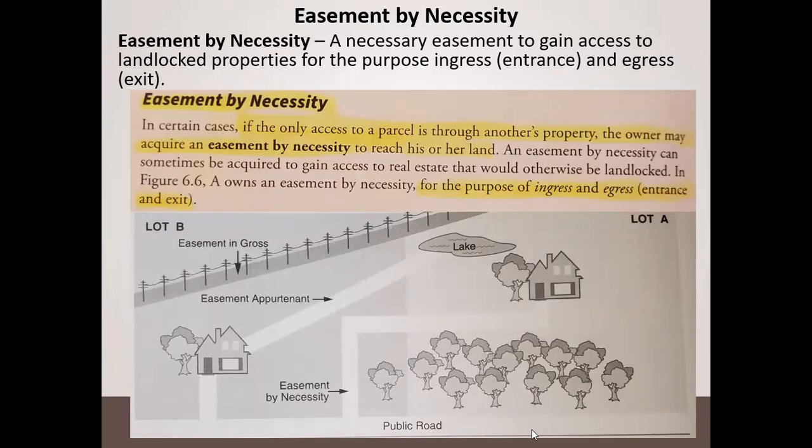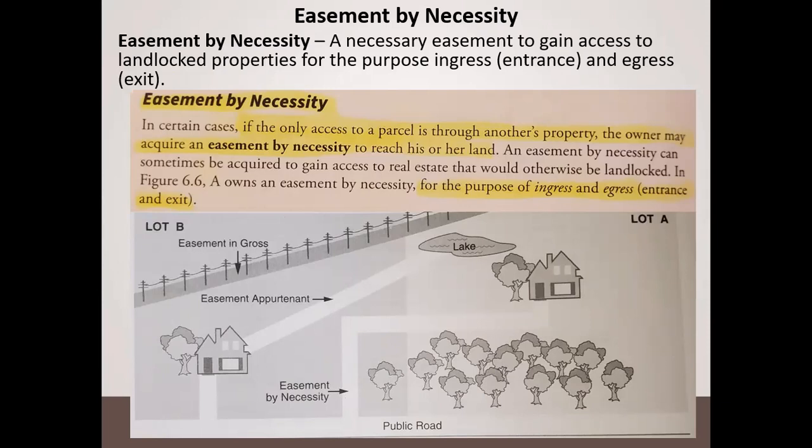There are all kinds of whack jobs out there like that today. So let's just pretend that's the scenario here. It's impossible for you to create a driveway to go directly to your property. So instead, you would need to create a road that goes over your neighbor's property. You'd have to cross over your neighbor's property to get to yours. That's an easement by necessity.